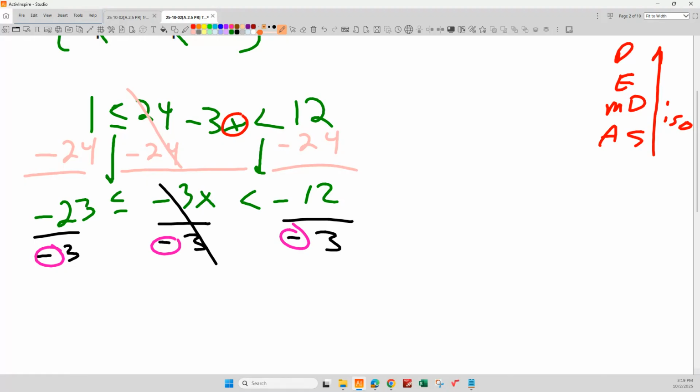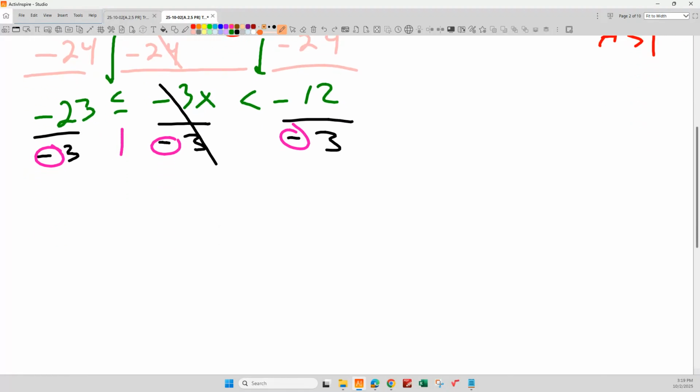Good. Okay, so that's going to switch directions. That's going to switch directions. Over here I get negative 23 divided by negative 3. Negative divided by negative is positive, but I can't reduce that fraction. I'm stuck with a fraction. That's all right. We can get fractions in our answers, but I didn't have to battle them the whole way. I only get them in the answer, right?